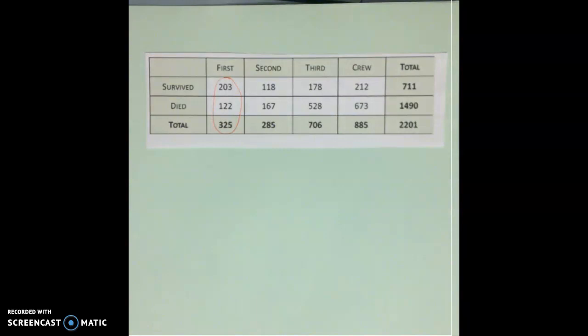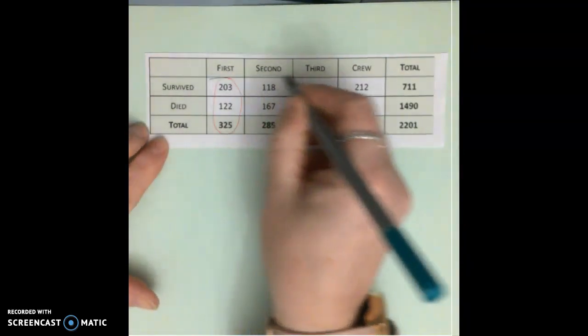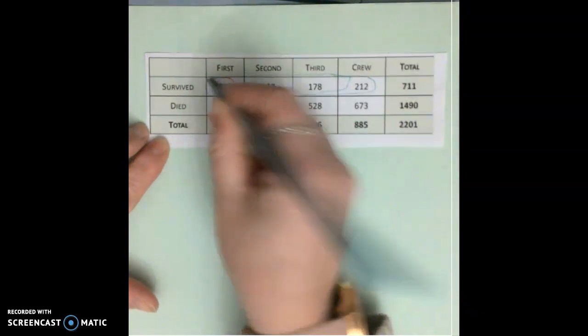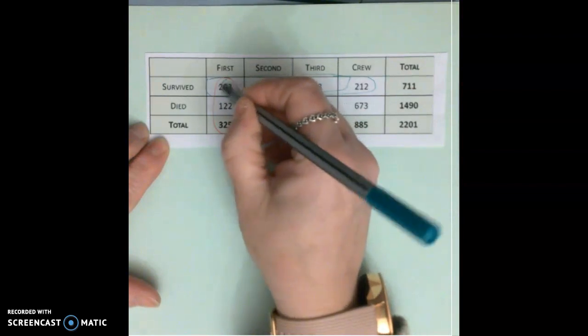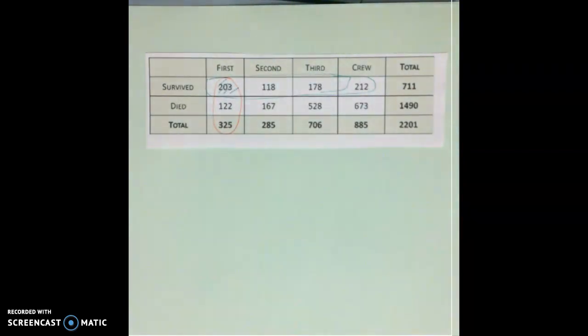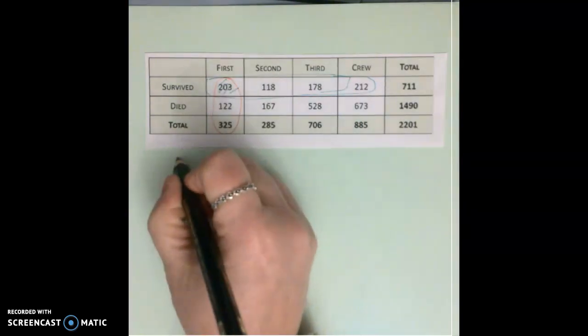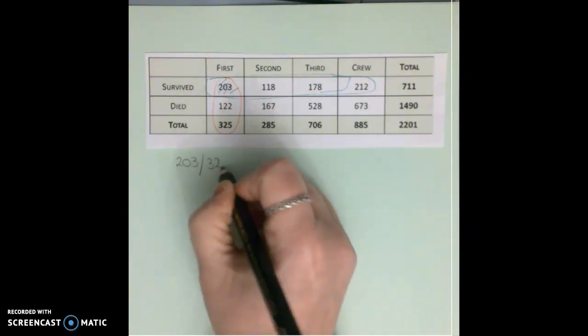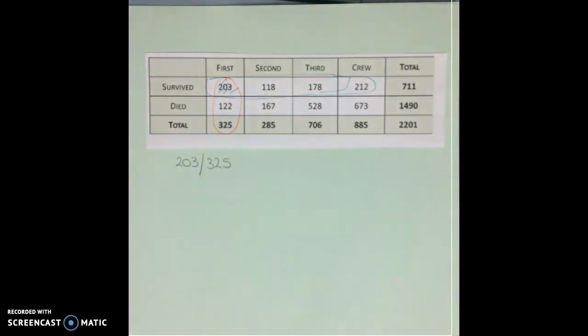And you want to know how many of the people that were in first class survived. So all these people survived, and these were the ones that were in first class. So for this example, 203 out of the 325 who were in first class survived.